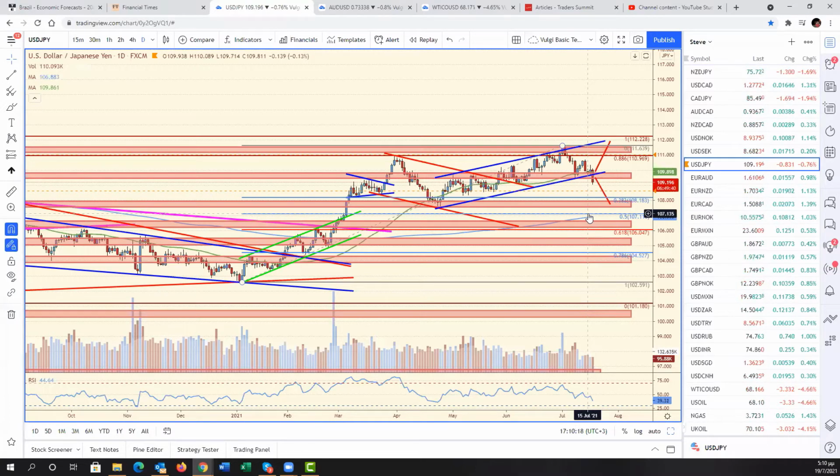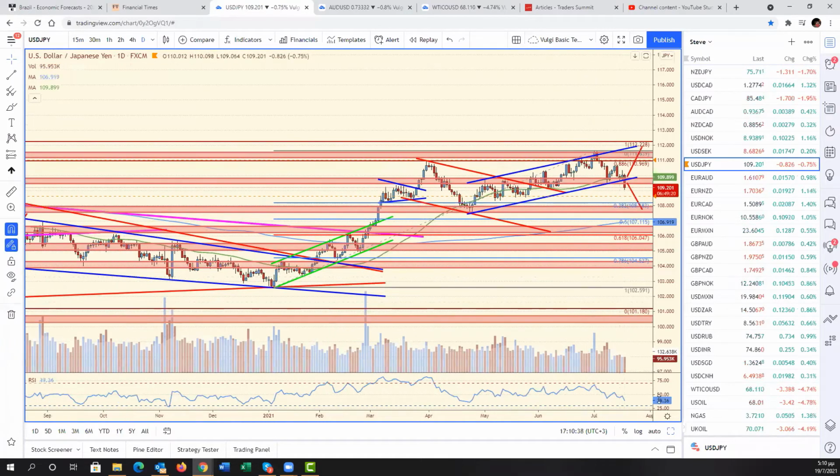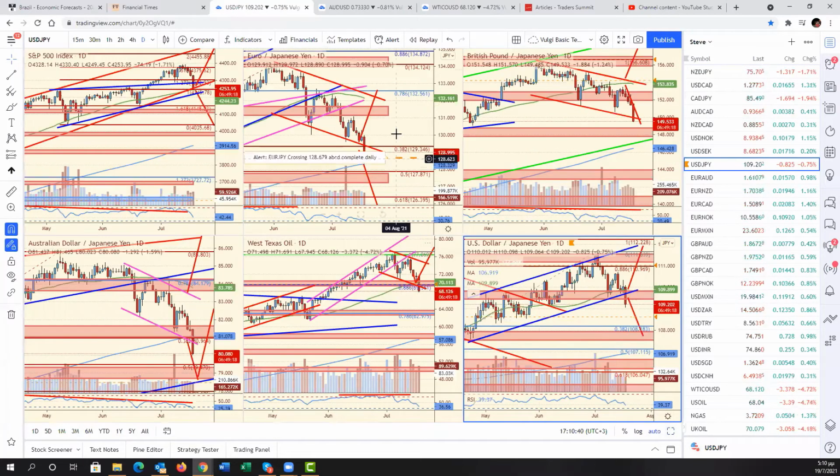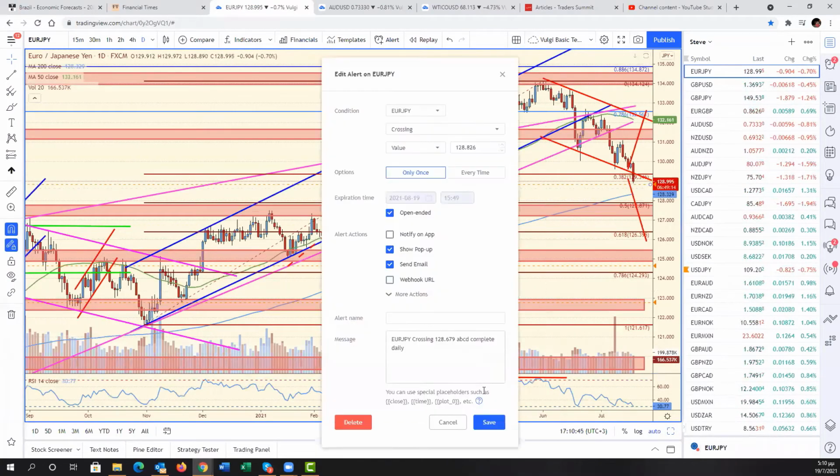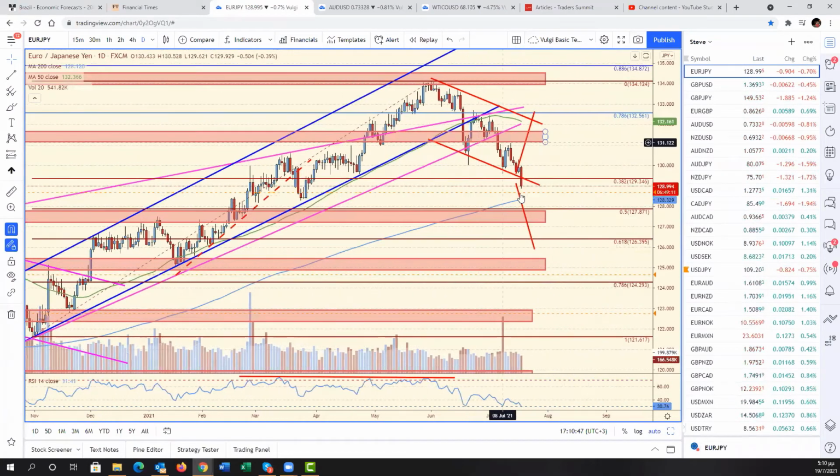And today's breakdown, if confirmed by the daily close, I think opens the door for much more weakness in all the aforementioned yen pairs, the vast majority of which are either testing or breaking through their corrective formation. So looking like they want to more aggressively move to the downside, as I said. Here's the euro yen trying to break through this trend line support. Aussie yen has already done that.